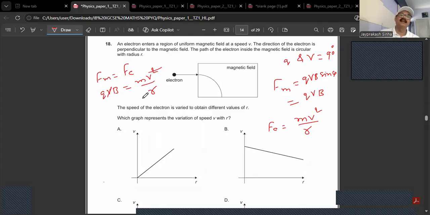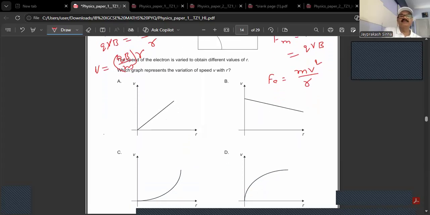Then we can write V equal to QB by M into R. Means Q is constant, B is constant, M is constant. Correct? So V is directly proportional to R. So if V increases, then R will also increase. This is the meaning, okay?